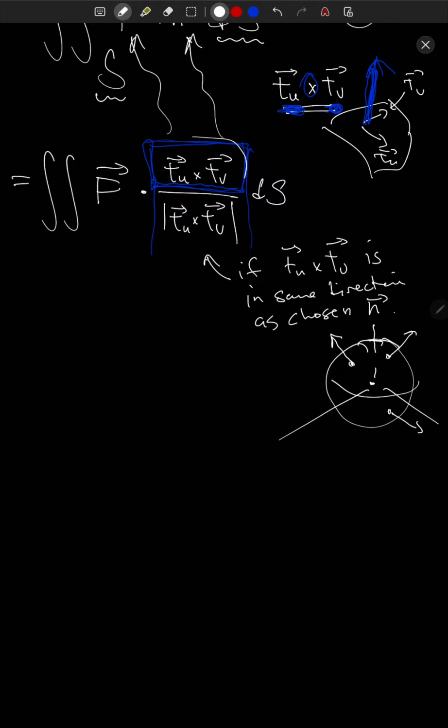Perhaps the most convenient would be to check one of the axis points, and you could tell easily, is it in the y direction, the j direction, or not? Don't do it at the North Pole, because remember, if you use spherical coordinates, the z direction, the North Pole, is a bad point, because things are actually being mushed together there.